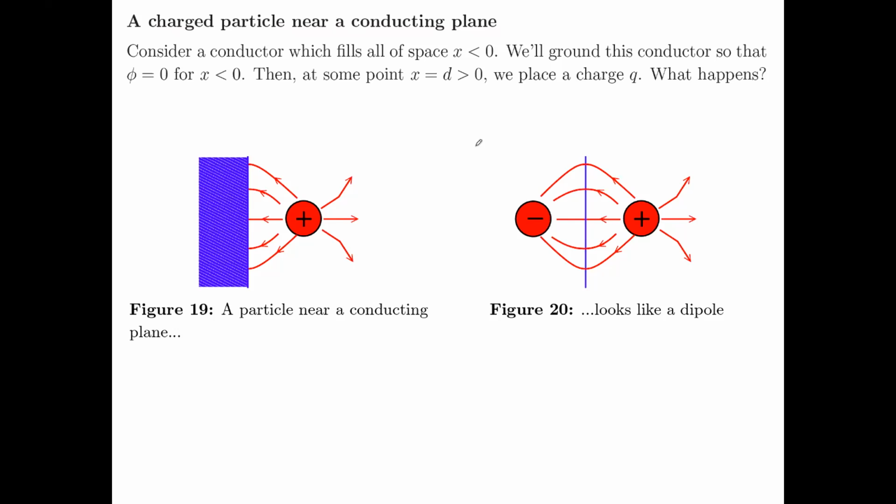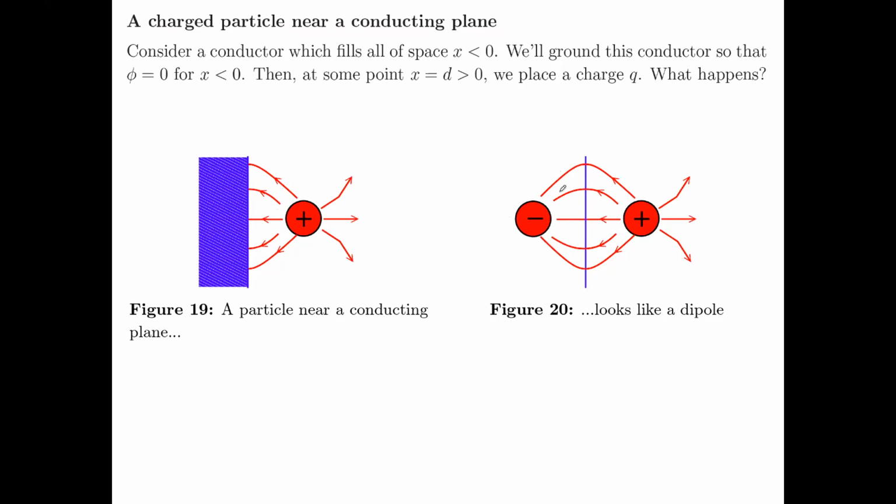Let's go through a very basic example. Actually, two examples here. First of all, when you have a charge and a conductor, the electric field lines will be distributed in this way. Then you can replace the conductor by a negative charge, and the electric field lines are distributed in this way.